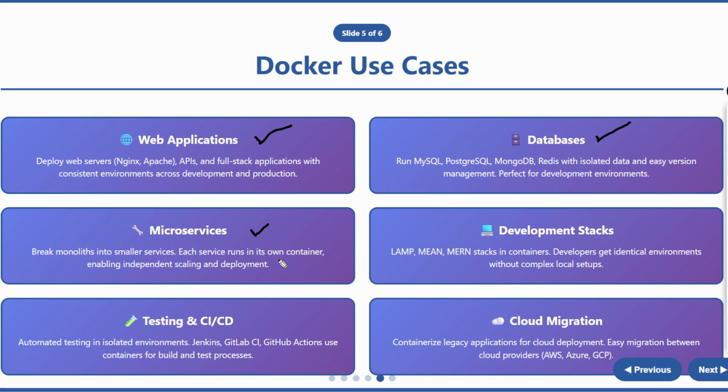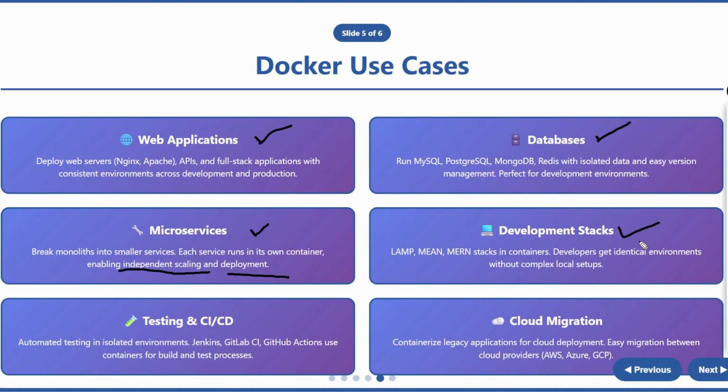Each service runs in its own container, okay. So we are not supposed to create one big container with high configurations. We are going to separate them into small microservices, and then put each microservice into its own container, okay, which enables independent scaling, and deployment becomes easy, okay.